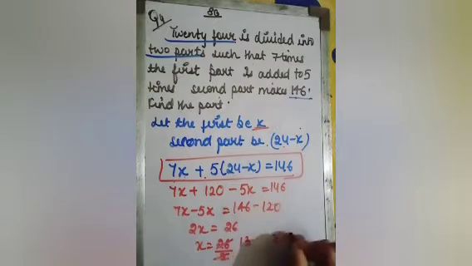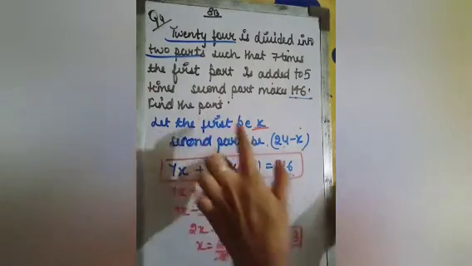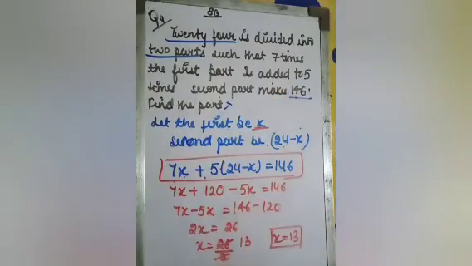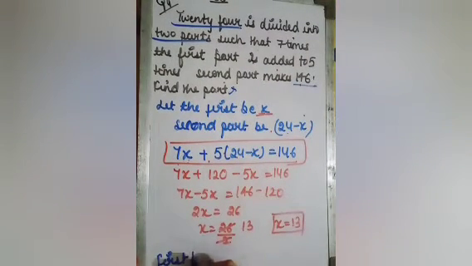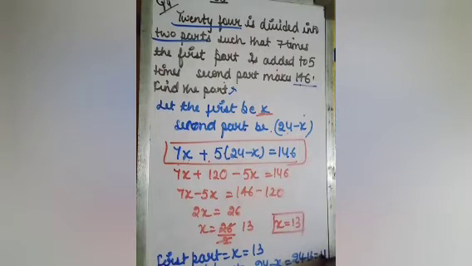So x equals to 13. So the first part, we have to find the parts, right? So first part is x and x की value is 13. Second part will be 24 minus x. 24 minus 13, it will be 11. So the second part is 11.